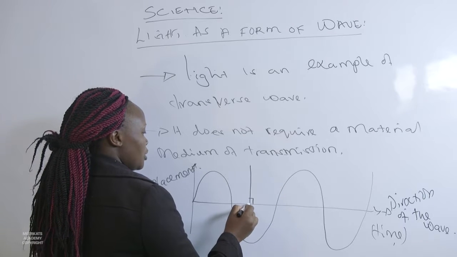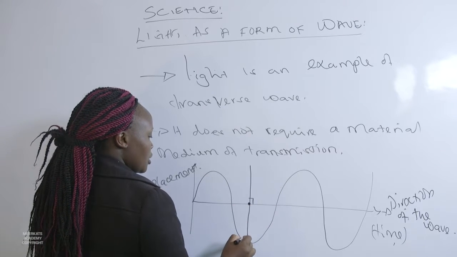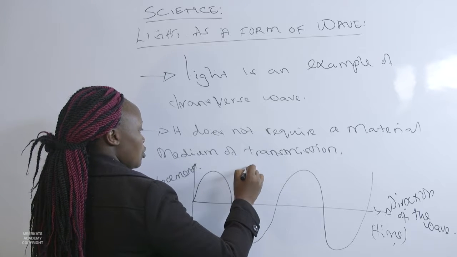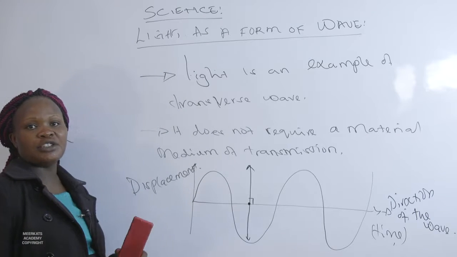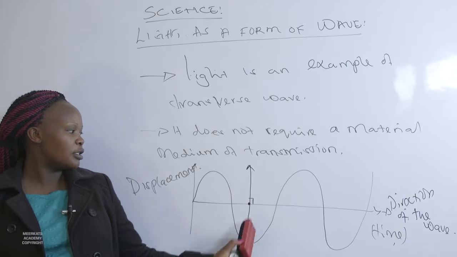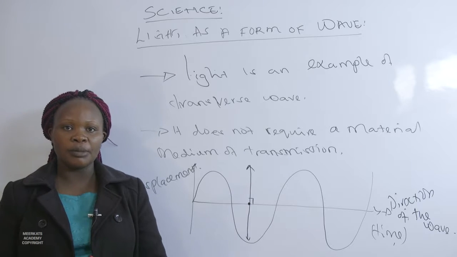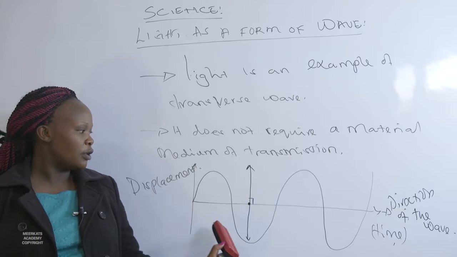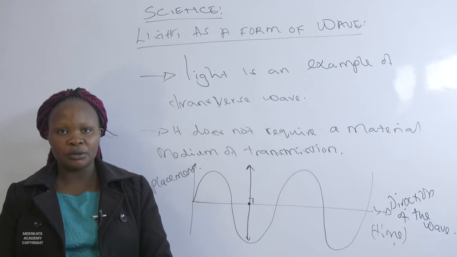So if a particle was here, we expect it to oscillate in such a way that its displacement is always perpendicular to the direction of motion of the wave.